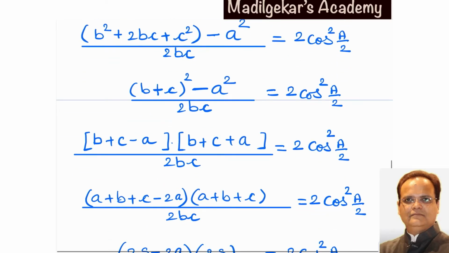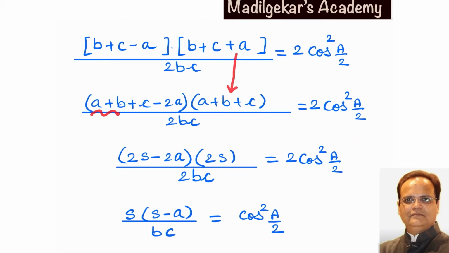Again factorize, applying the formula a square minus b square. So (b plus c minus a) and (b plus c plus a). Add and subtract a in the first bracket. So it gives a plus b plus c minus 2a. Second bracket as it is, a plus b plus c, as we know, it is 2s.